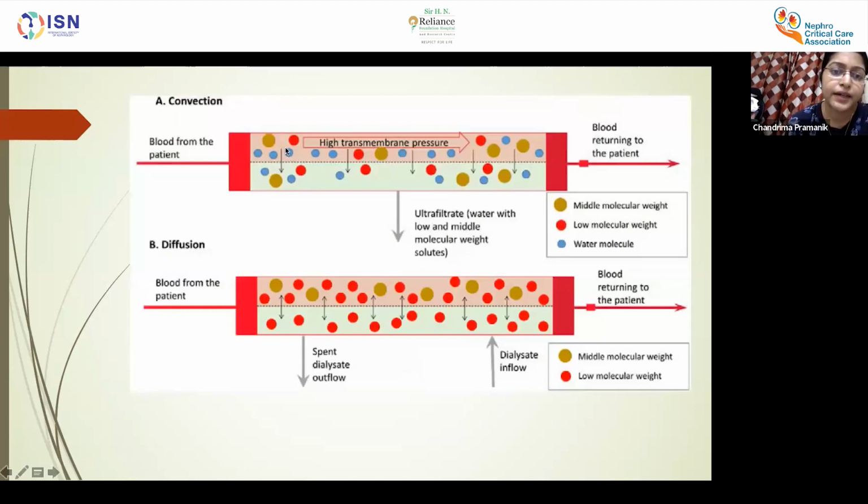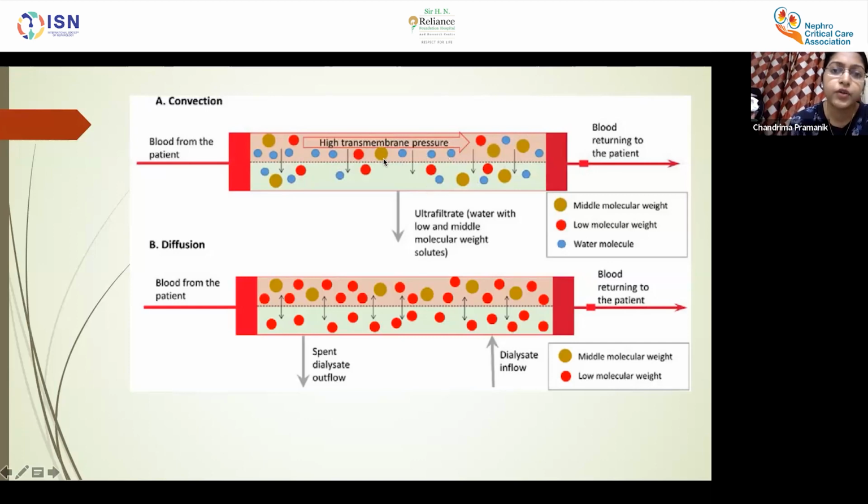This is a diagrammatic representation of diffusion and convection. In the diagram, diffusion is driven by the concentration gradient. Here a concentration gradient is maintained, and because of it, the low molecular weight solutes can go from the blood compartment to the dialysate compartment.